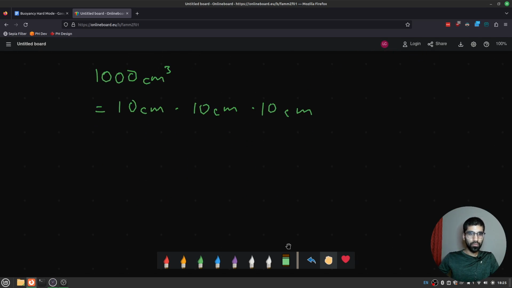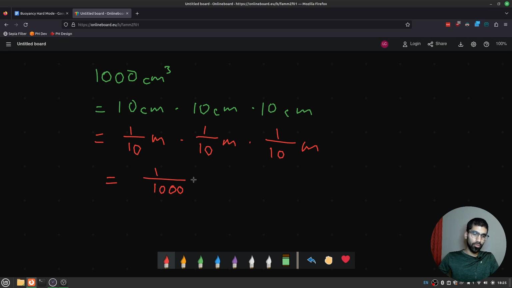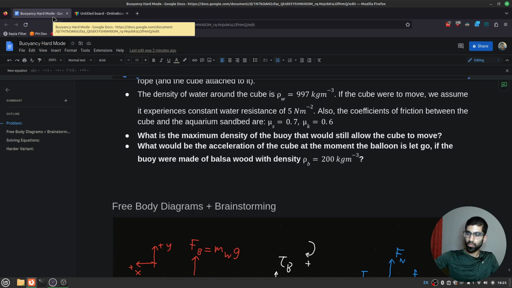Alright, same switcheroo as above, write that as a meter. So 10 centimeters is 1/10 of a meter. Again and again. So we get 1/10 times 1/10 times 1/10, 1,000th of a cubic meter. So let me just write that.